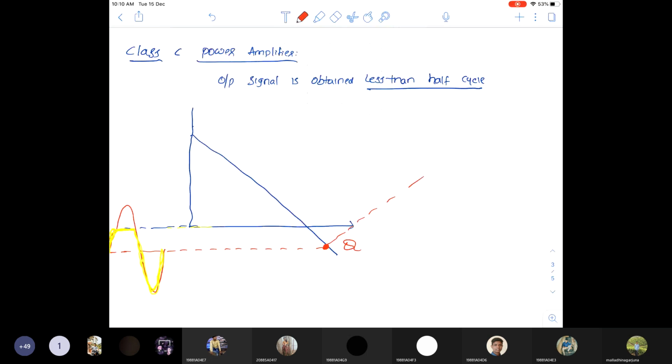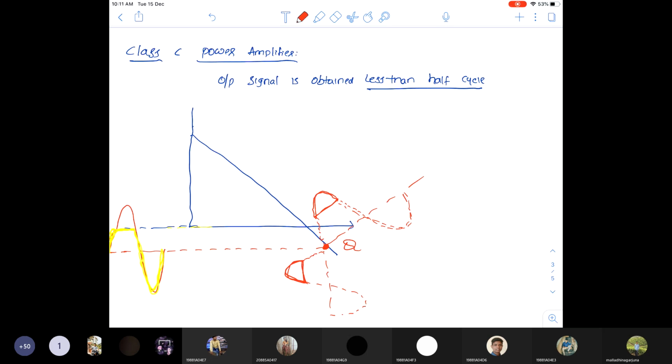So what will we get? See, only this portion will be processed, and everything else will be clipped off. Similarly for the output, only this portion will be processed.